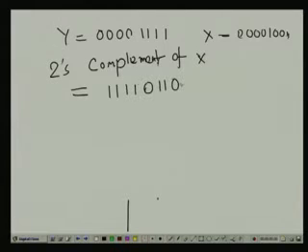Then it will be plus 1. So, this is 1 1 1 1 0 1 1 1.